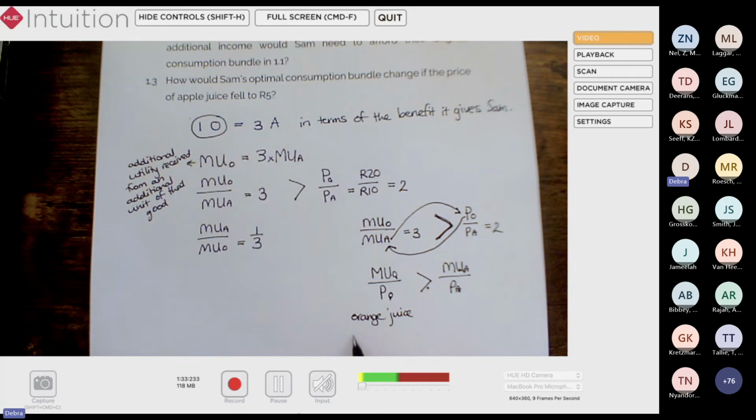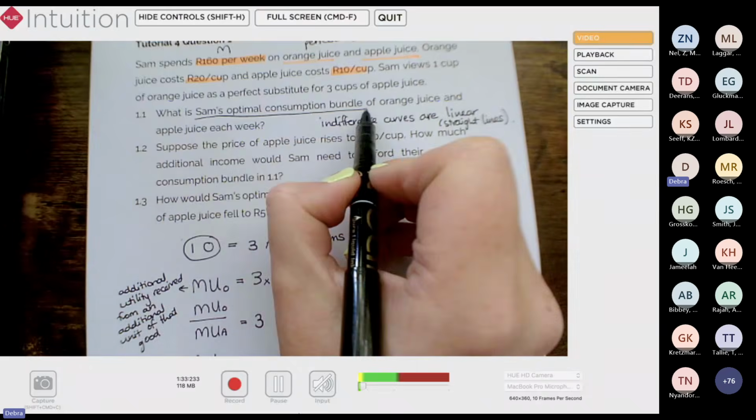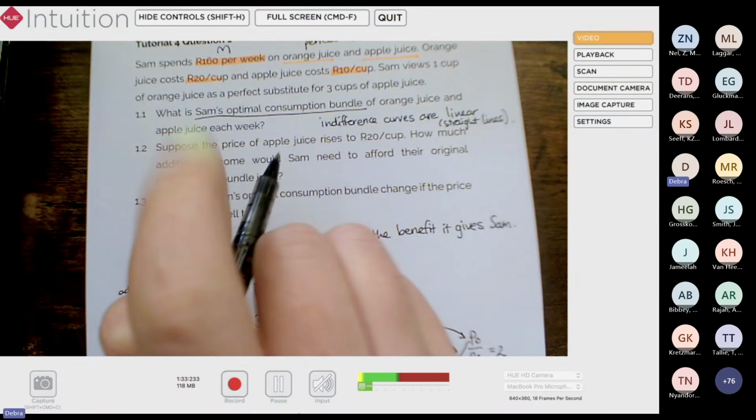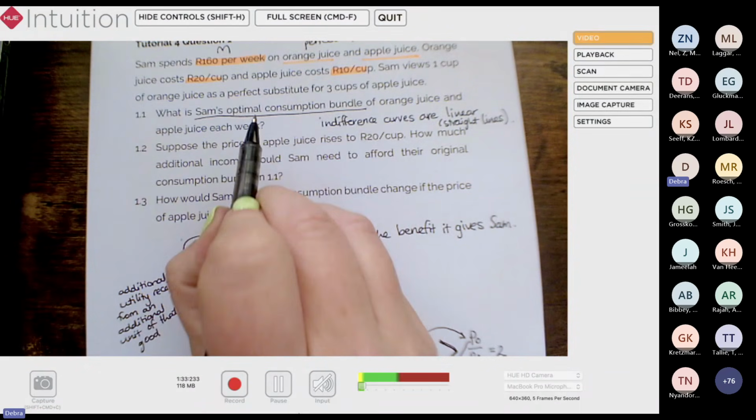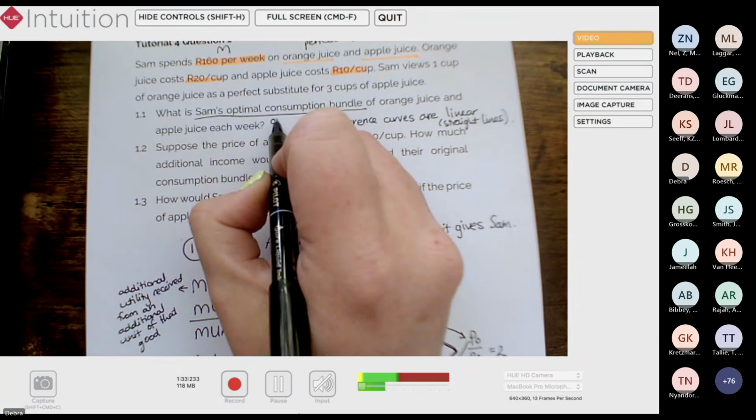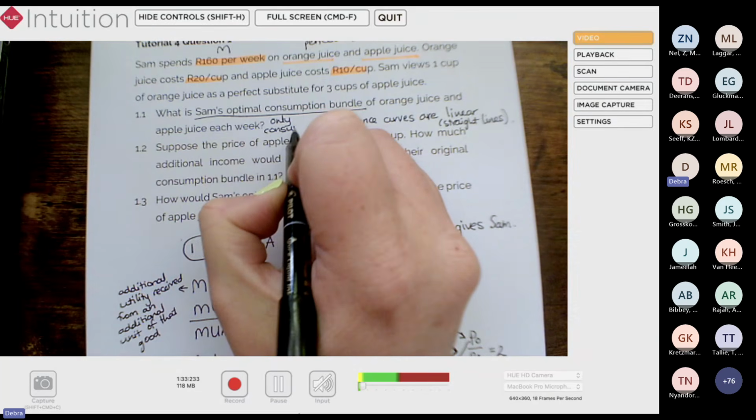So as a rational consumer, as somebody who is looking to receive the most satisfaction they can get in the most affordable way, it makes sense then that Sam's optimal consumption bundle contains only orange juice. So he will only consume orange juice.